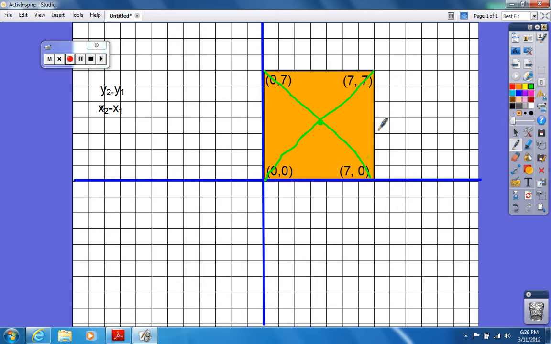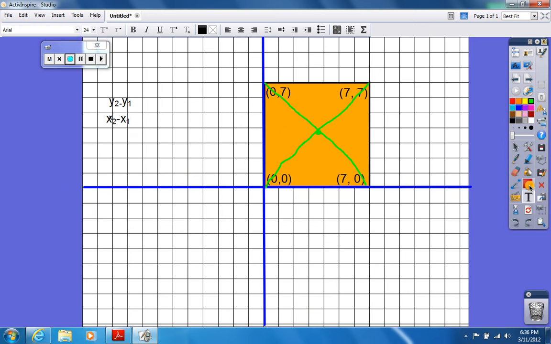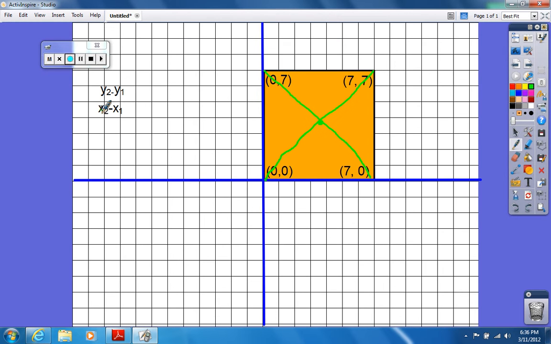Okay, so we're going to use the distance formula. And I'm actually going to go ahead and try to write it with a pen because it'll be a little bit faster than me typing.